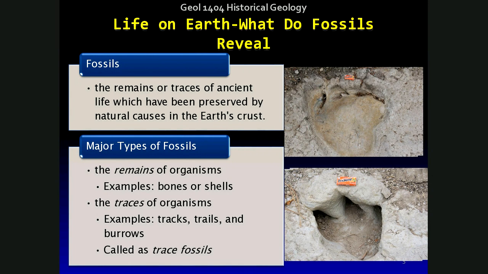Any interaction between the organism and the host rock material, if it is preserved, then that's a trace fossil. So, which includes the track marks, trail marks, burrows, grazing, nesting, and anything related to that.